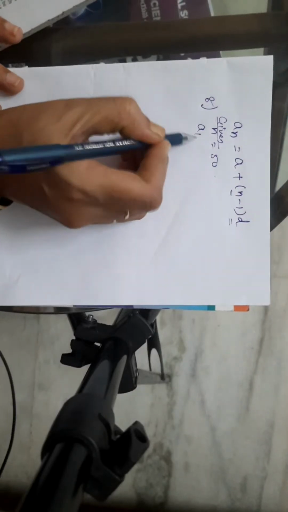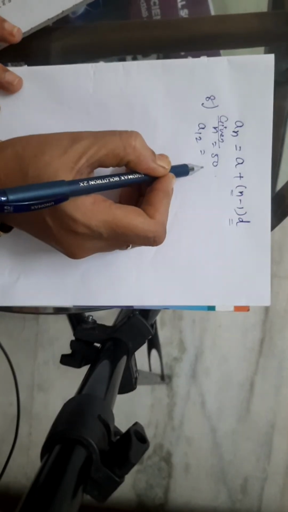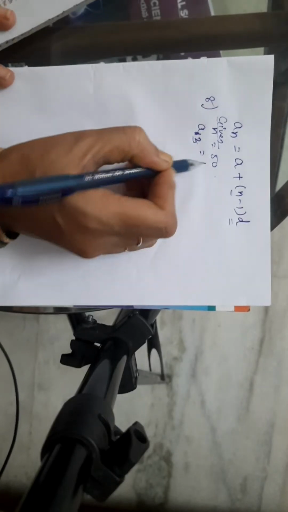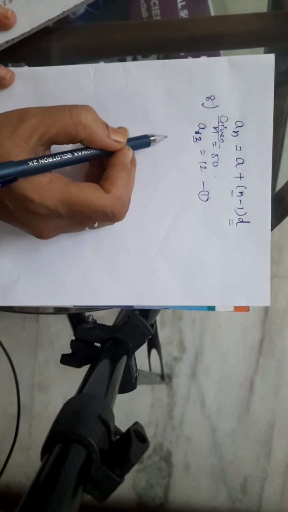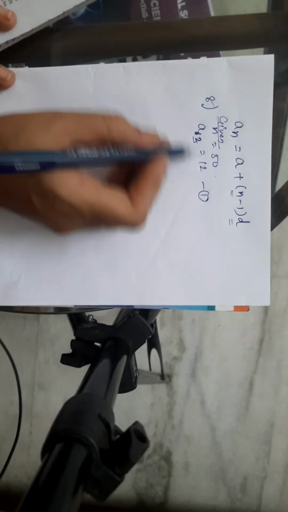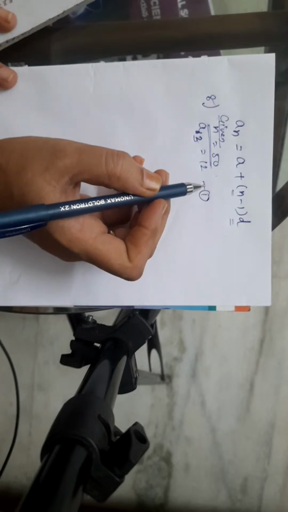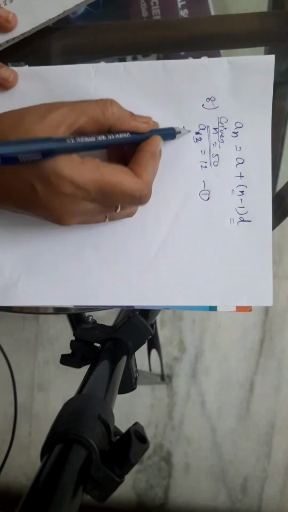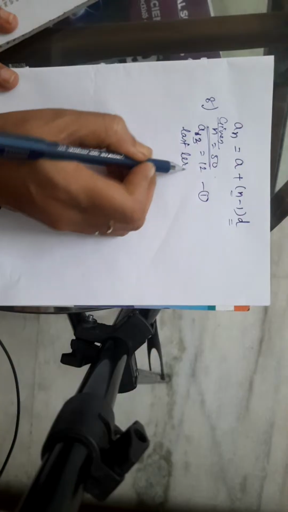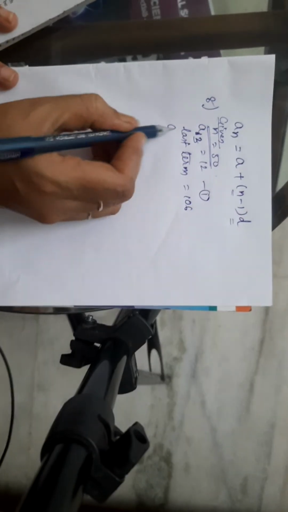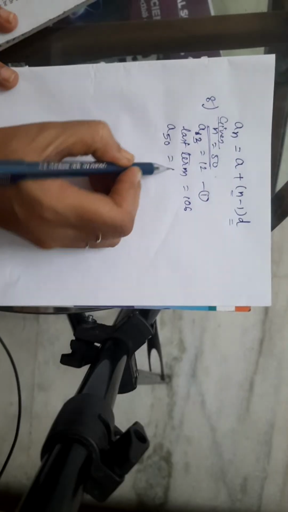So A3 is given as 12. This is the first equation. And instead of giving the 50th term as 106, they gave the last term as 106. So we can conclude that A50 is 106. This is our second equation.